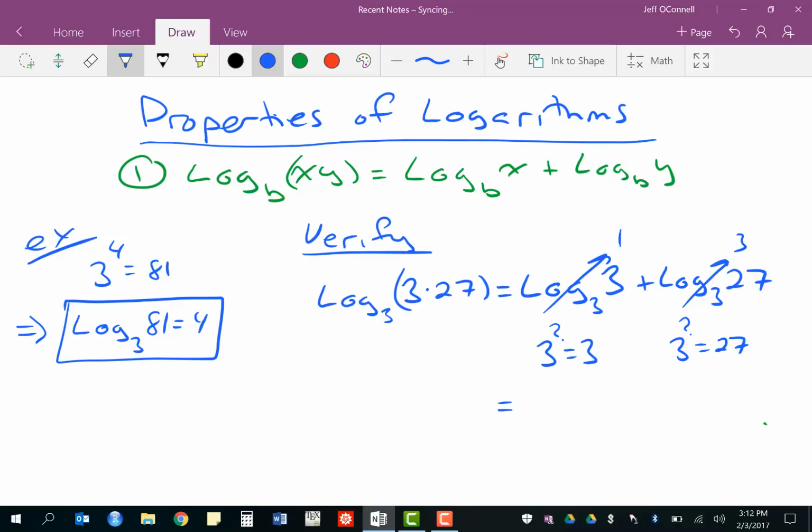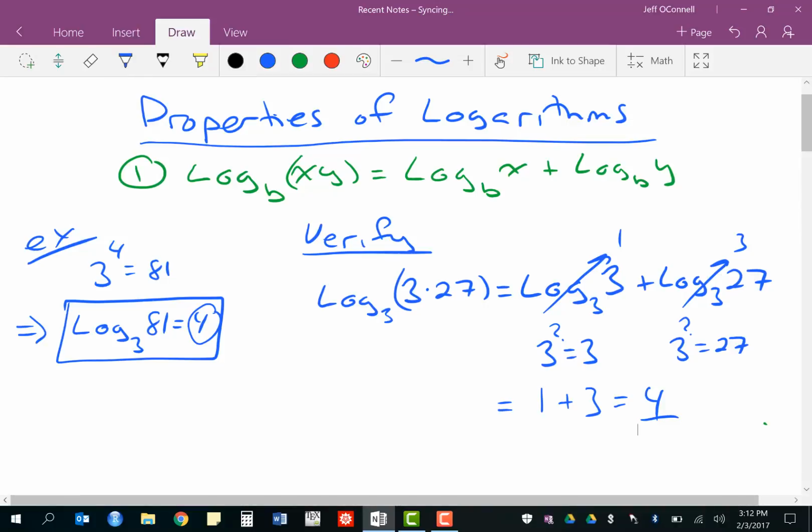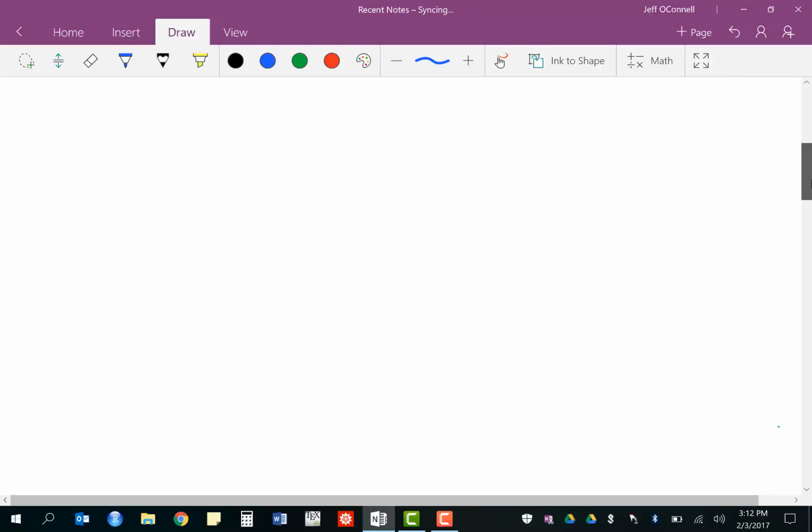And so the right-hand side here would simplify to 1 plus 3, which is in fact equal to 4. So I know that it should have been 4. It turned out to be 4. So what I have done is verified that this property of logarithms is in fact true. And it's important to note that I verified that it's true here. I have not proved that it is true. Okay, so that's the first property of logarithms.